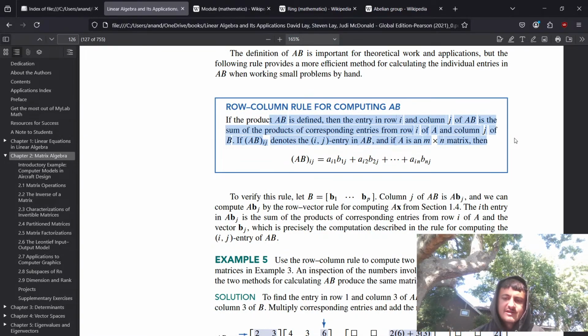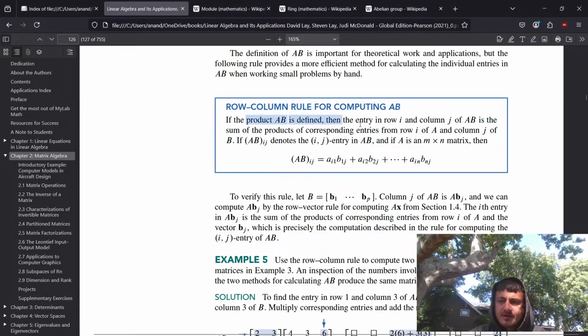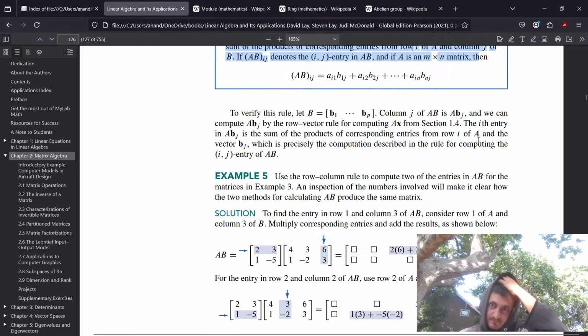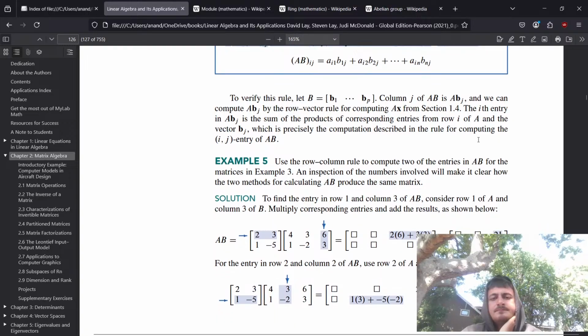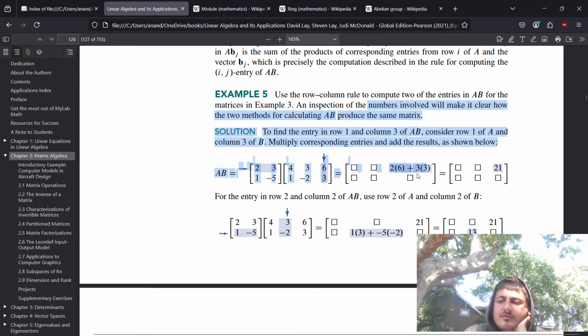Okay, so they had to introduce this at some point. This is the rule that everyone learns, that the product of a row and a column gives you an entry in the corresponding matrix. Okay, so this is the one that everyone I feel like does.